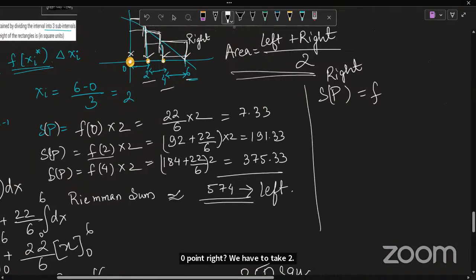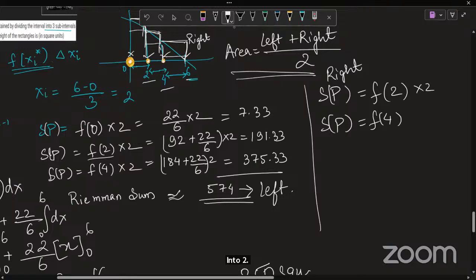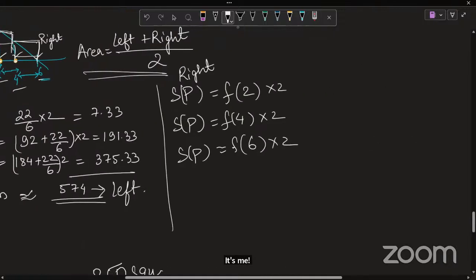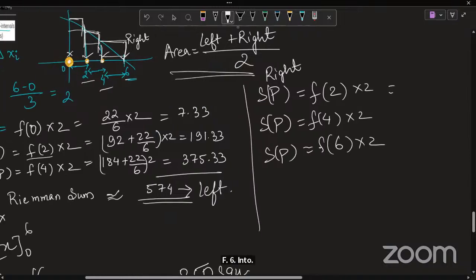So f(2) into 2, f(4) into 2, f(6) into 2. Tell me the values. We have already calculated f(2) into 2, which is 191.33, and this one is already calculated, 375.33.